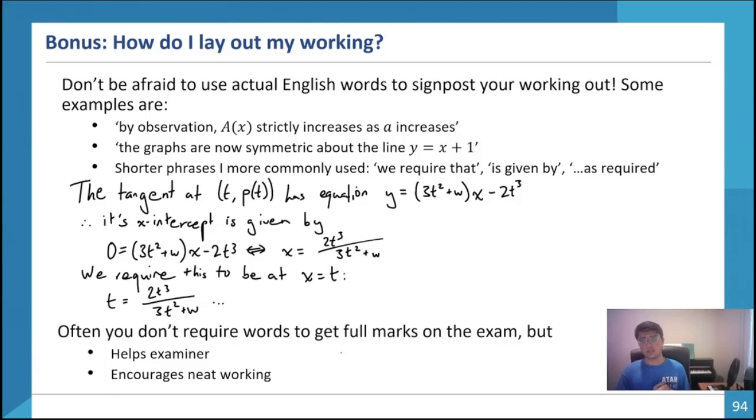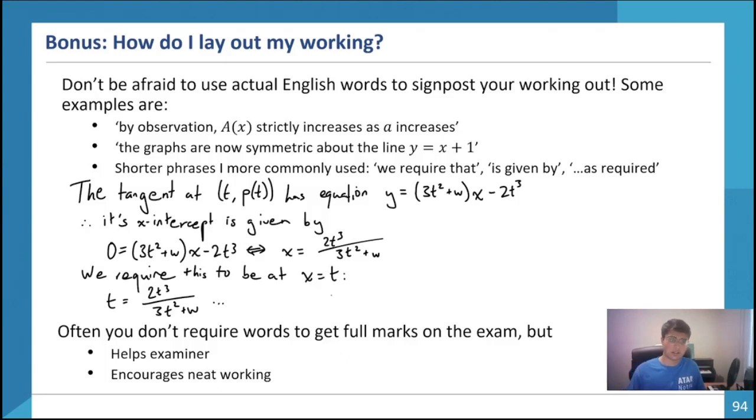I'm just going to show you the way that I laid out my working while I was studying methods, and I mean the way that worked for the examiners. So first thing is, you shouldn't be afraid to use actual English words to signpost your working out. I went through my bound reference and saw some annotated solutions that I wrote all the way back in 2022.